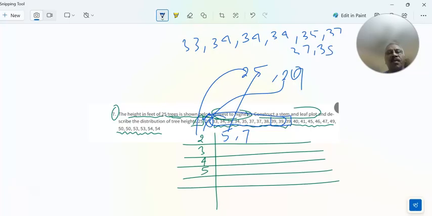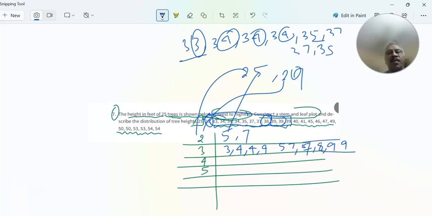So these are the numbers we put. So it is 3, and there are 3 4s, and there is 5, 7, and then 8. So there's 8 here. And there are 2 9s, and we are done with that.